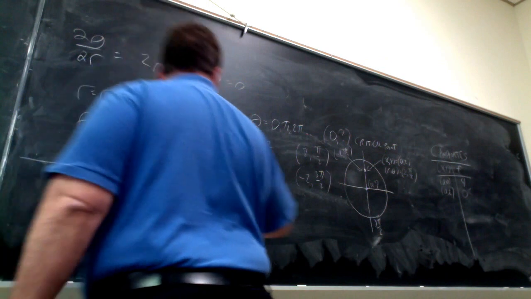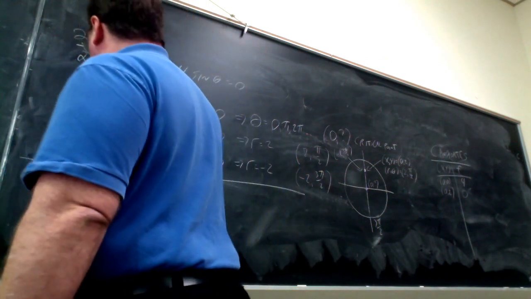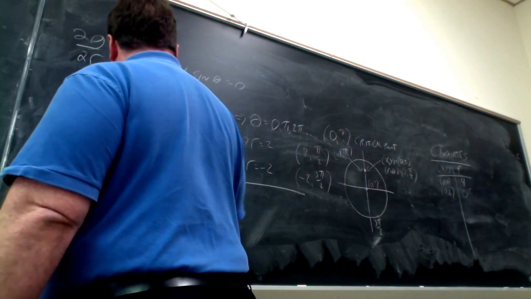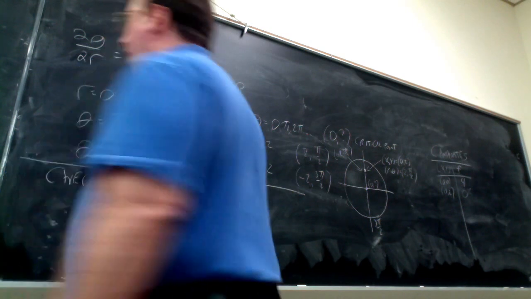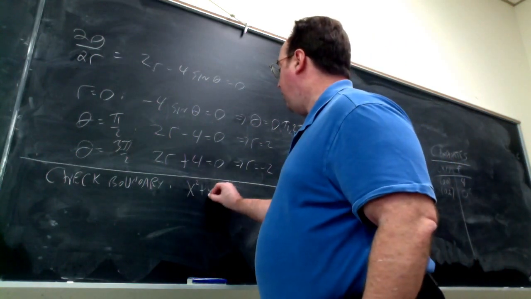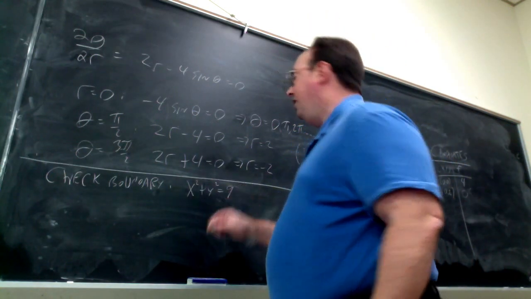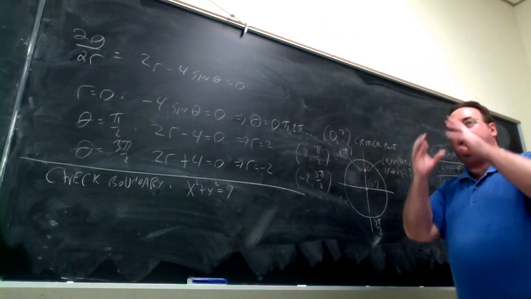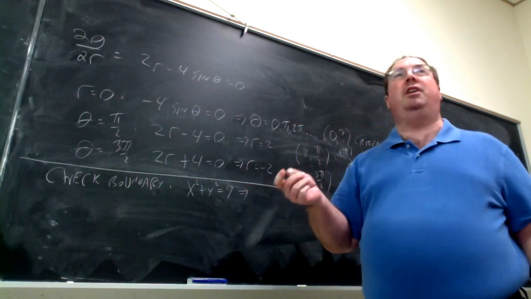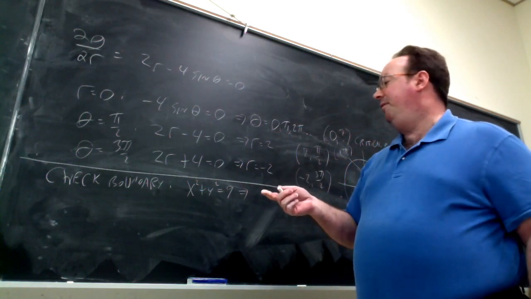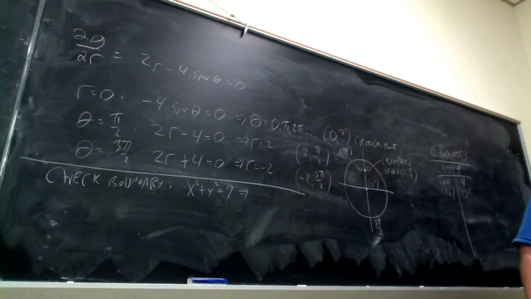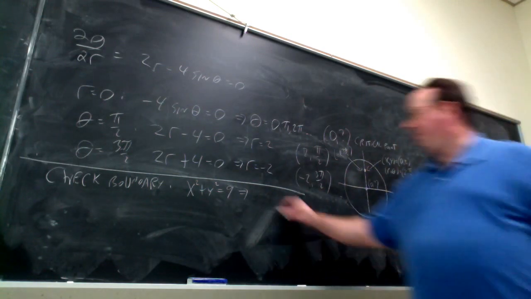Now, the only other thing left to do is to check the boundary. Fortunately, this is one reason for switching to polar coordinates, maybe the main reason, is that the boundary is so much easier to describe. The boundary is x squared plus y squared is equal to 9, so the circle that encloses the disk. But how can we express that easily in terms of polar coordinates? R equals 3.